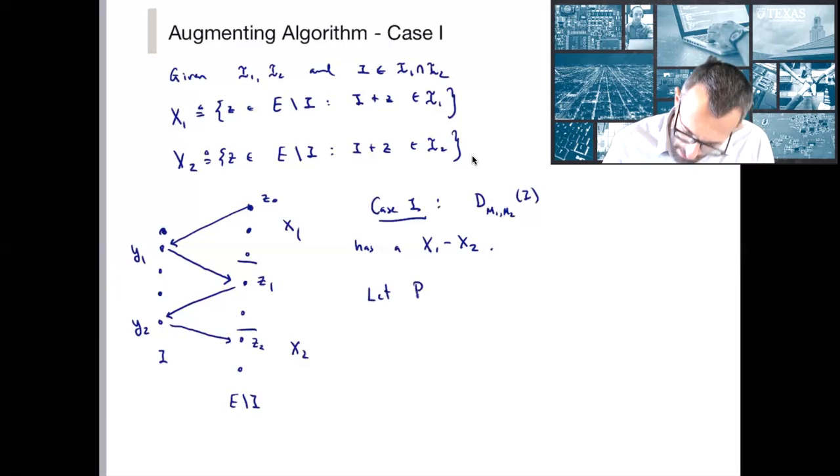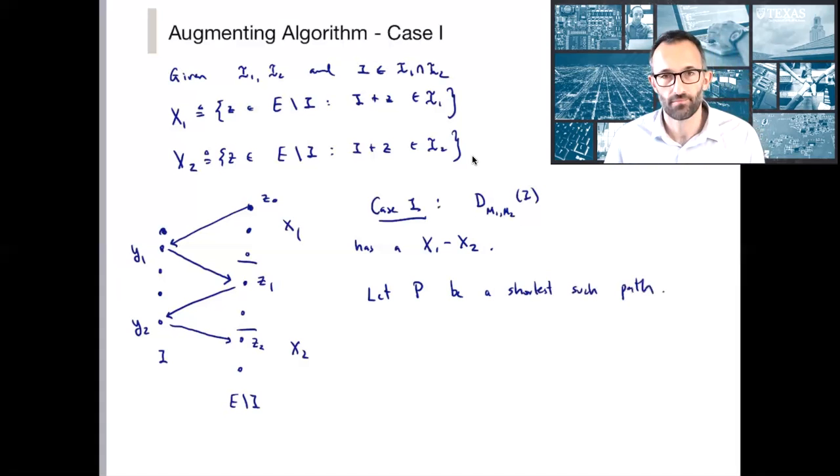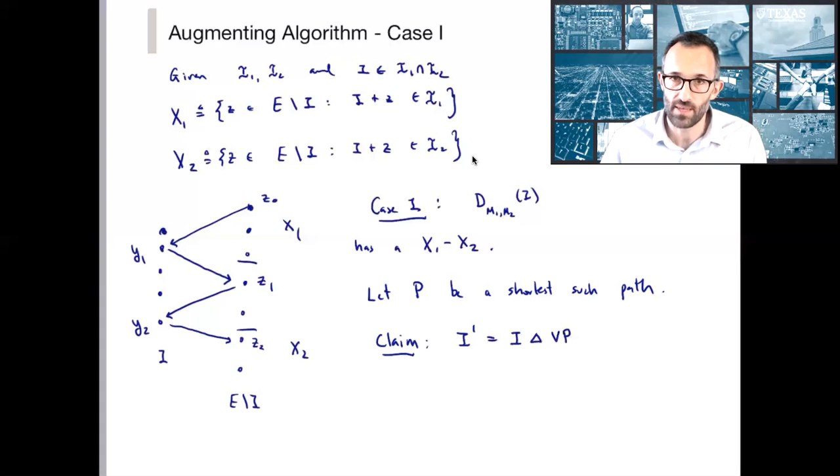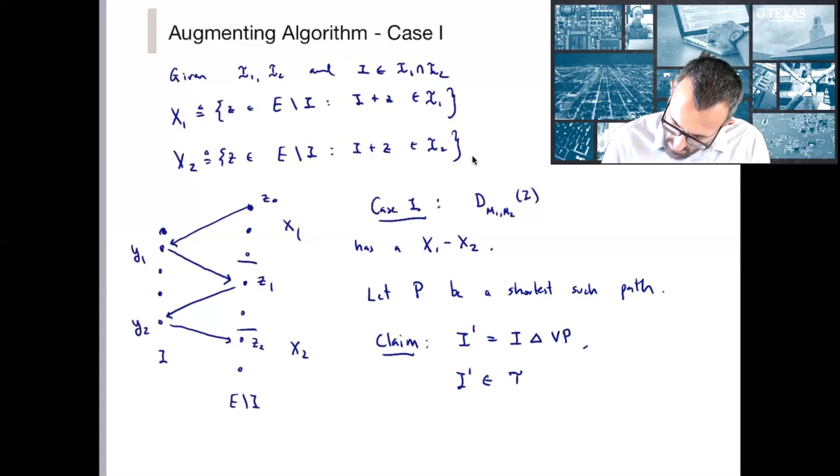So let P be such a path of shortest length. In other words, be a shortest such path. The claim is that if I look at the new set, I dash, which is the symmetric difference between I and the vertices of P, that's what VP means, I dash is an element of I1 intersect I2.